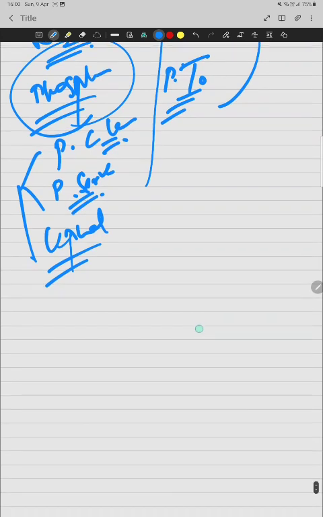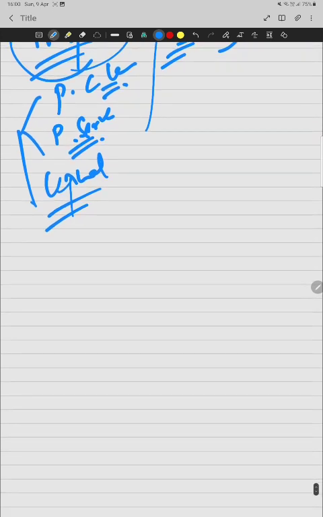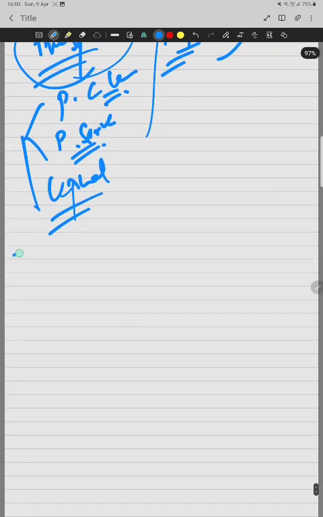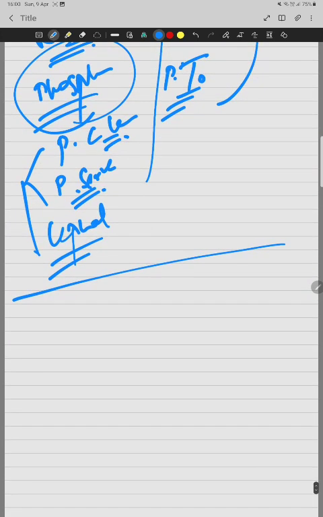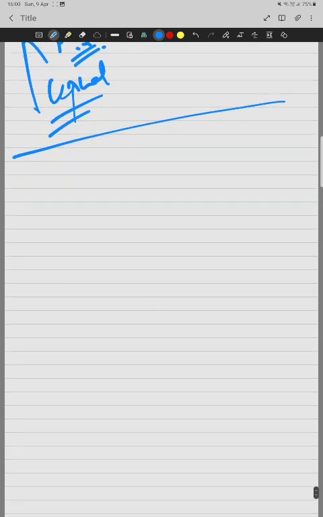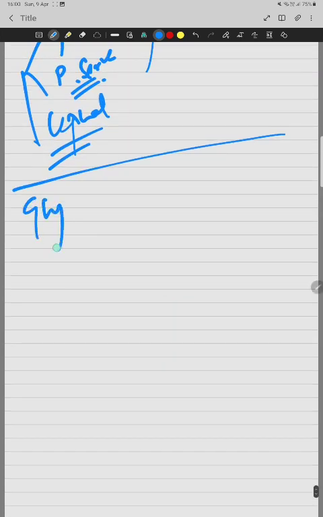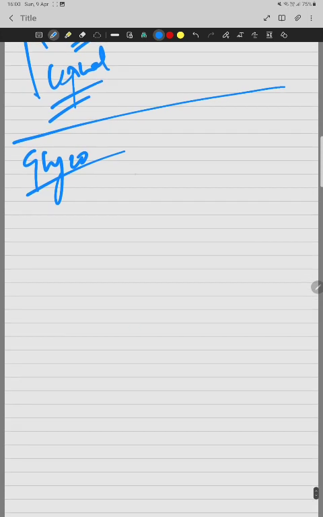Next, coming to glycolipids. This is a very important point. Glycolipid is also a type of compound lipid, where instead of the phosphate group we have a sugar residue.